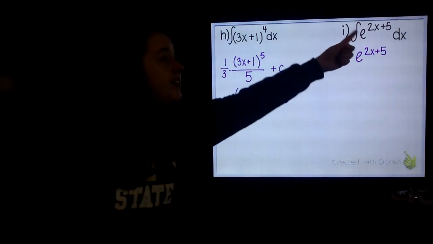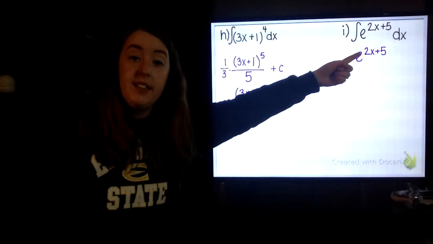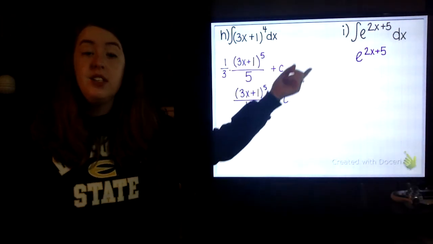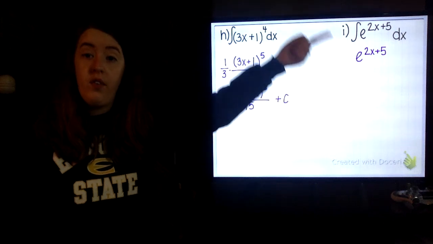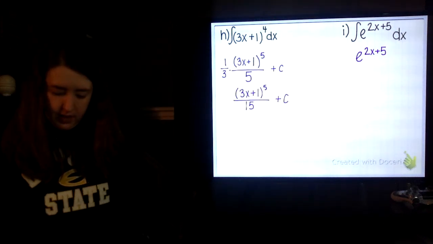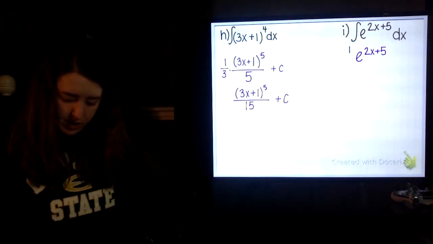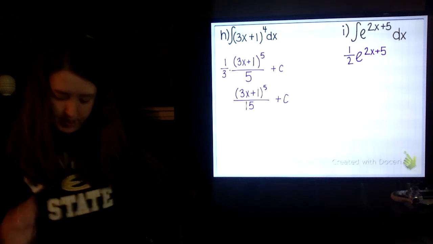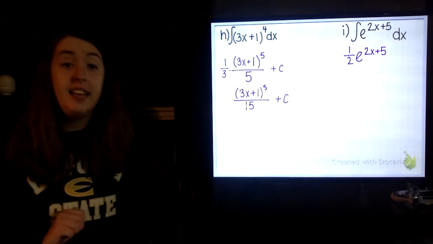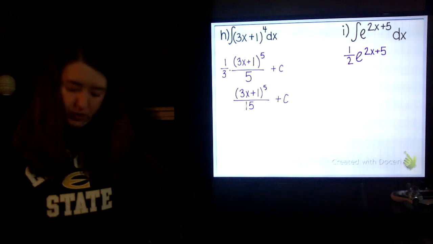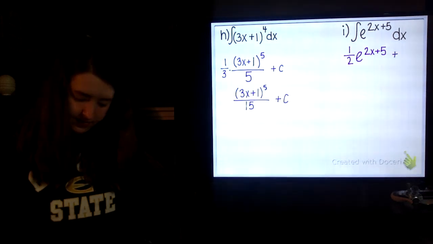Now, since I have something other than just plain old x in there, I need to account for that. So I need to multiply by 1 over the number in front of x, which is 1 over 2. And then at the end of every indefinite integral, I need a plus c.